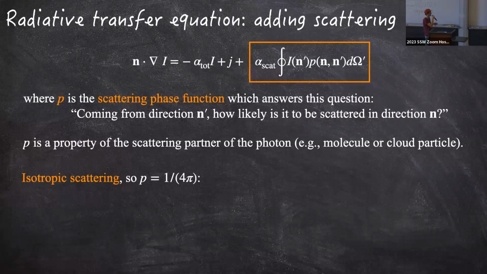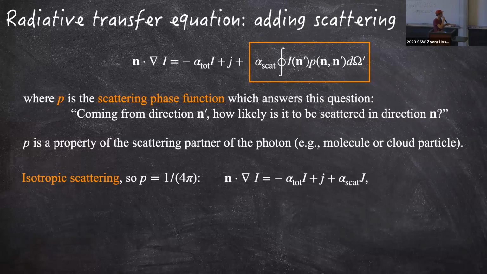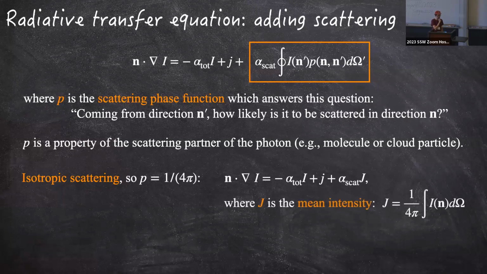In the case of isotropic scattering, p is just 1/4 pi. It just has to be normalized because it's a probability density. And then we can write n times nabla I equals minus alpha tot I, extinction, plus j, plus alpha scat times J. And J is just the mean intensity, which is also kind of intuitive. You just average the intensity over all solid angles.